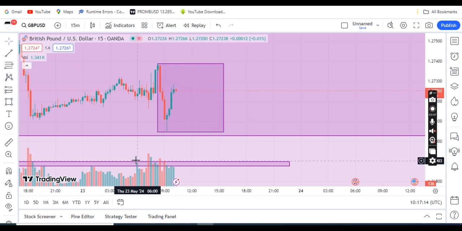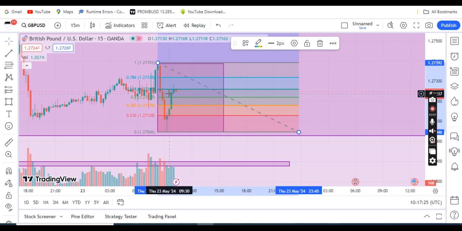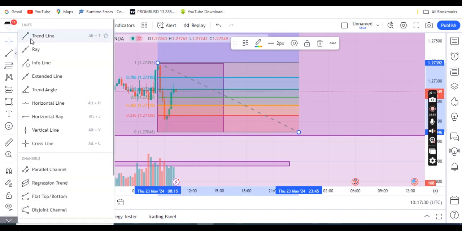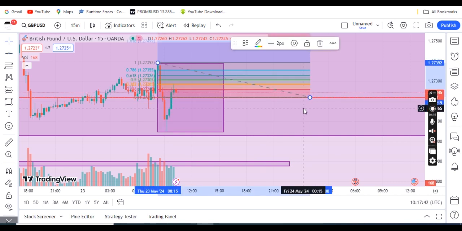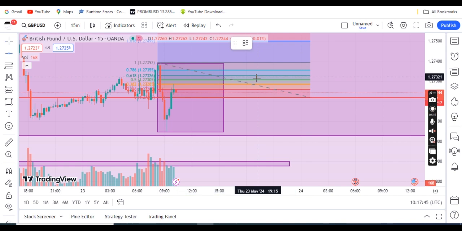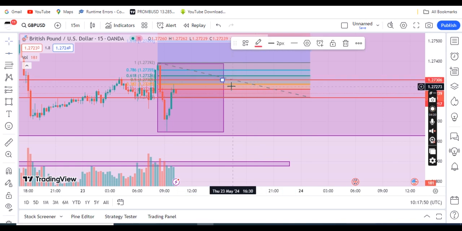Then we pick up this Fibonacci and mark up our 50% and take another 50% again. So you begin to understand that the market is not just booked. The market is booked based on certain algorithmic sentiments. You see how the market is respecting these ranges.